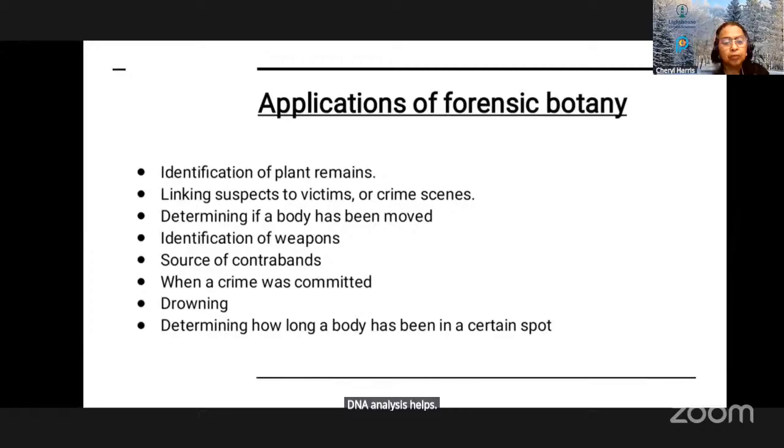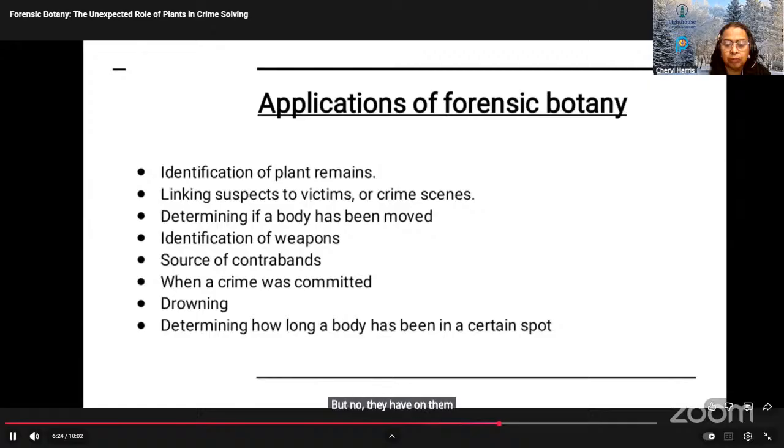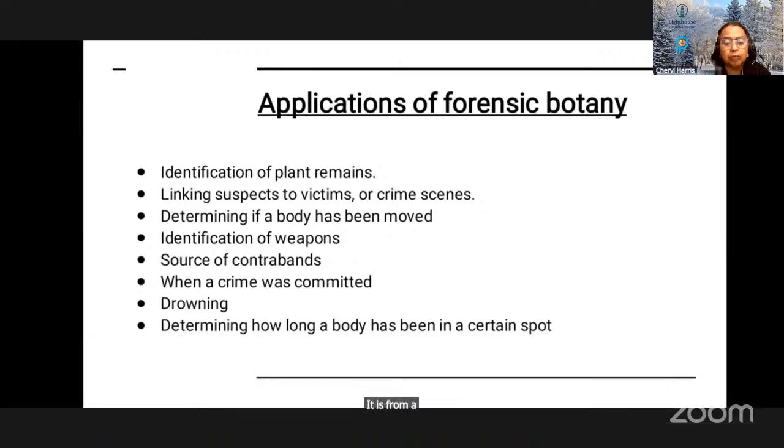Also, source of contraband. Maybe you find that some illegal products were found in a specific location, but now they have on them traces of pollen grains, maybe leaves, etc., from a different location, and this is going to show where they originated from.